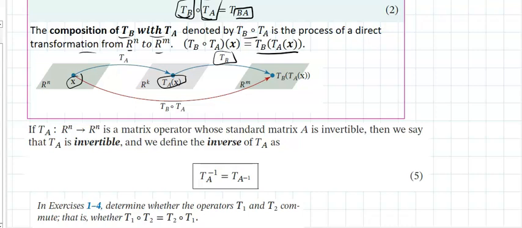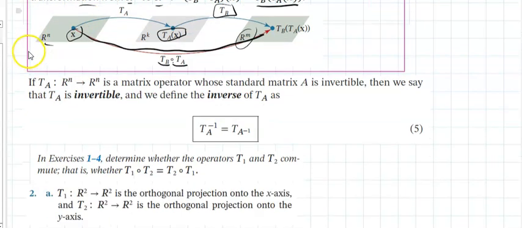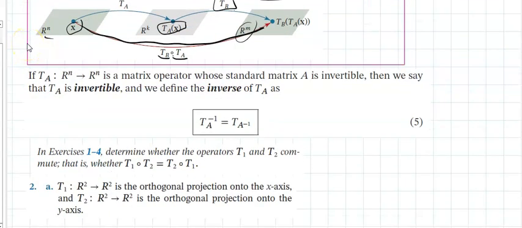The linear transformation T sub B will simply be the matrix B. You could bypass that and simply run T sub B composed with T sub A, and that will run X from Rn all the way to Rm in one shot.